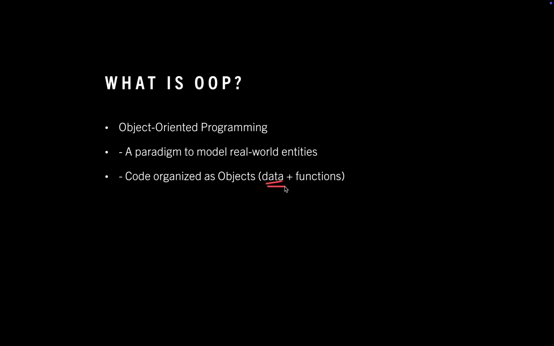Data is the information about that object, and the function is what will execute on that object. You can understand it like this: let's say this is your object, and it has some name or something else, and the functionality it performs is written over there. This is the basic fundamental of an object.